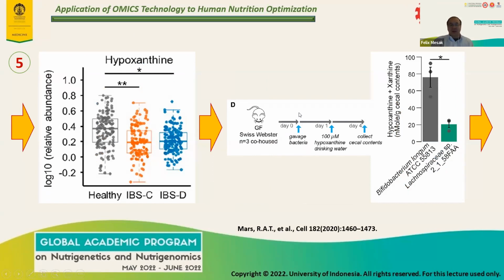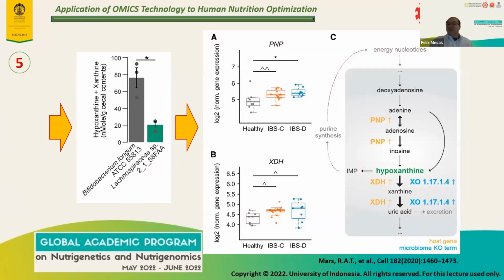So you gather the bacteria into the mice, and add hypoxanthine, 100 micromolar hypoxanthine in drinking water, and then on day 4 they collect cecal content and then check. So they culture it using Bifidobacterium longum and Lachnospiraceae. Yeah, and then they measure the cecal content of hypoxanthine.